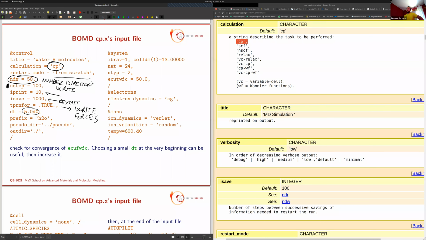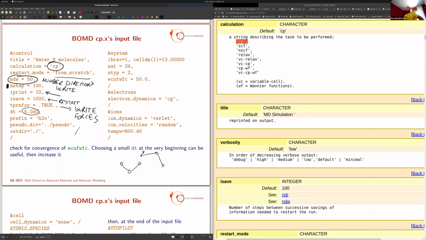You could, for example, end up with two molecules that are too near each other, and if you choose a time step that is too big, maybe an atom displaces too much, and you will not sample the trajectory with enough accuracy. So at the beginning, it's useful to use a very small time step for the Born-Oppenheimer standard time step. Prefix is just the initial part of the name of the trajectory files.